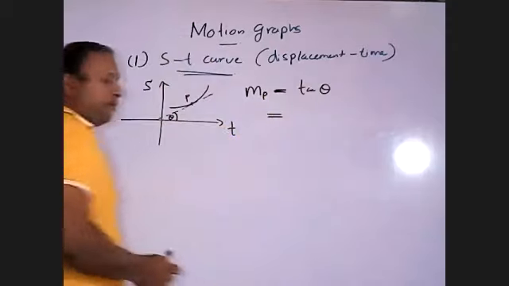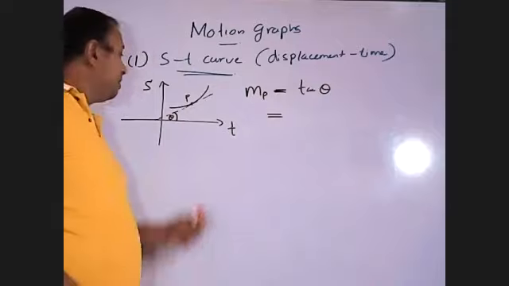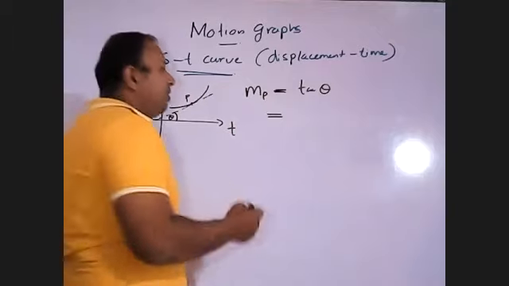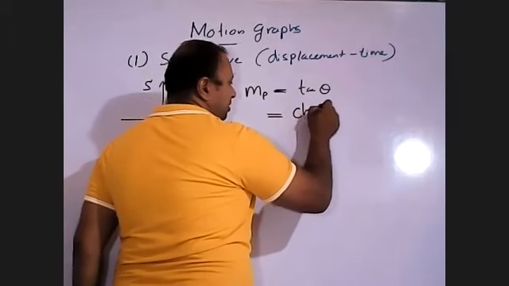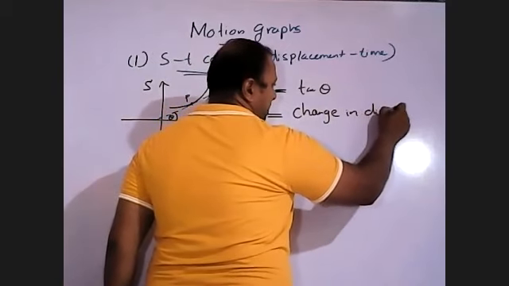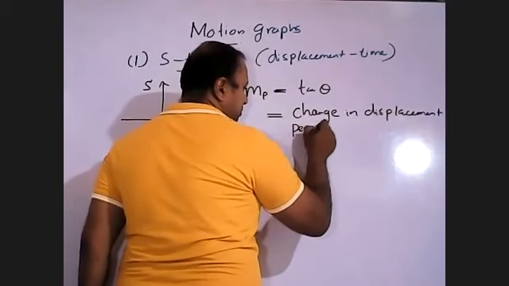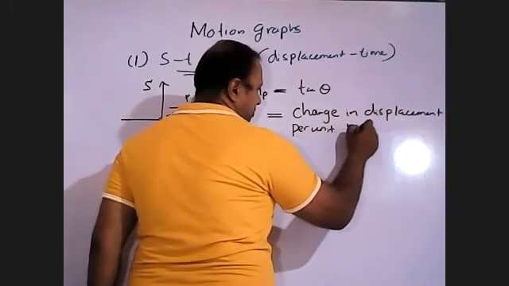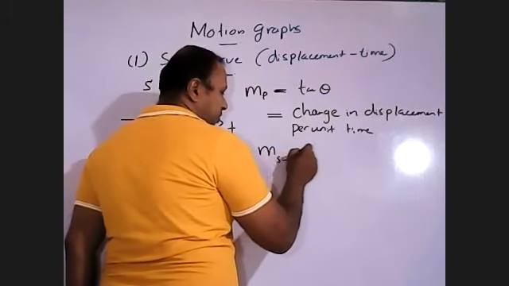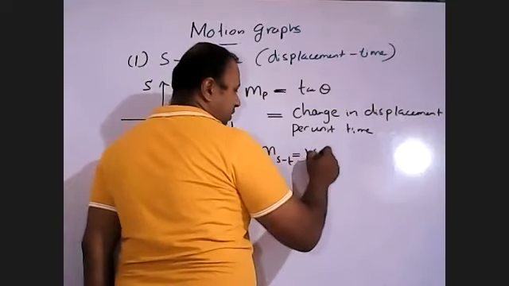And according to our previous definition, it is equal to change of displacement per unit time. Therefore, gradient of ST curve is equal to velocity.